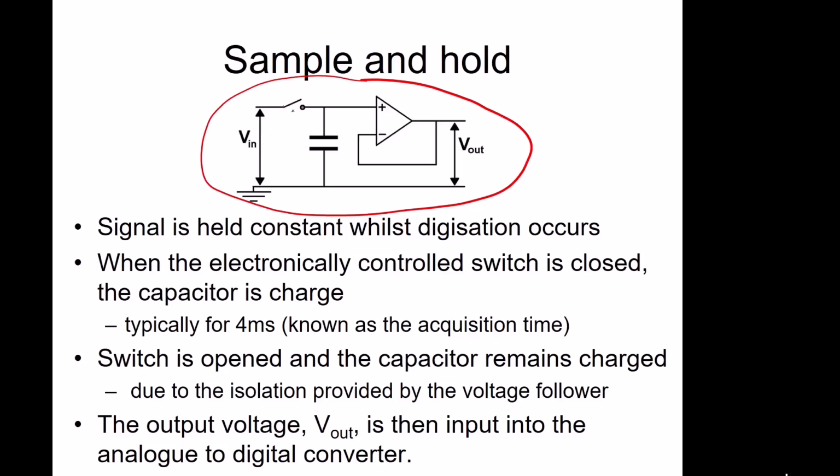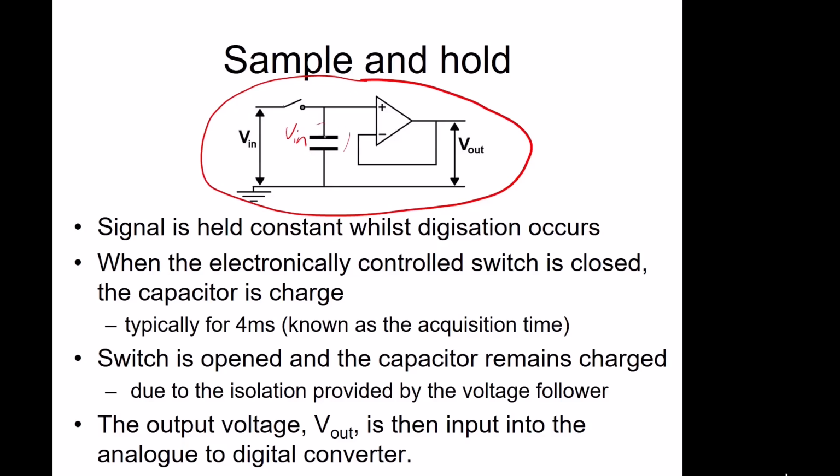So you close this switch, and whatever the input voltage is charges this capacitor up. So this capacitor will be charged up to a voltage of Vin. When you open the switch, the capacitor then holds that value. So it doesn't matter if this input voltage changes at this point, this Vin value is held constant at this capacitor.